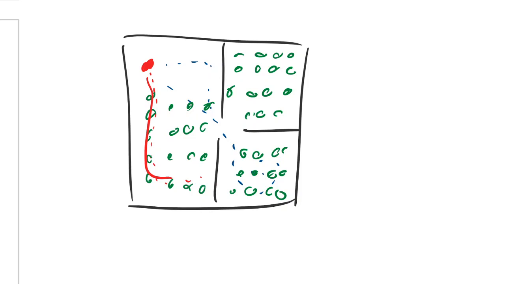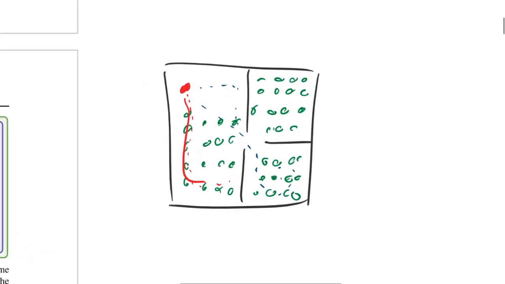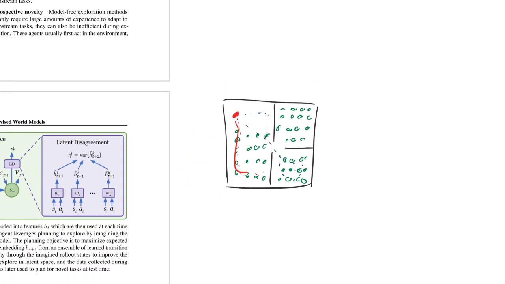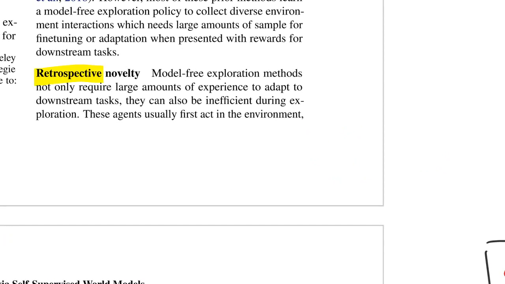So as an intrinsic reward, you simply reward the agent every time it finds itself in a new state that it hasn't seen before. So you train it to seek out novel states. Now, usually, when you just have an actor-critic method, and that's what this paper here criticizes, it's called retrospective novelty.